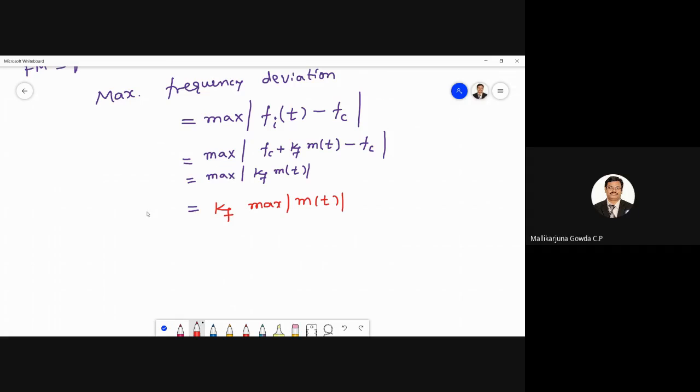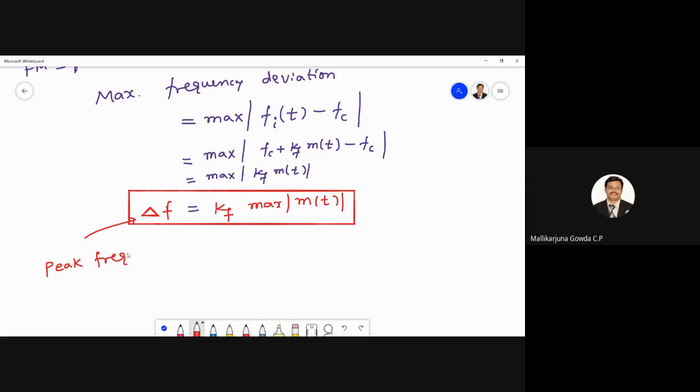We can denote this frequency deviation by delta f. It is the maximum frequency deviation, also known as peak frequency deviation.